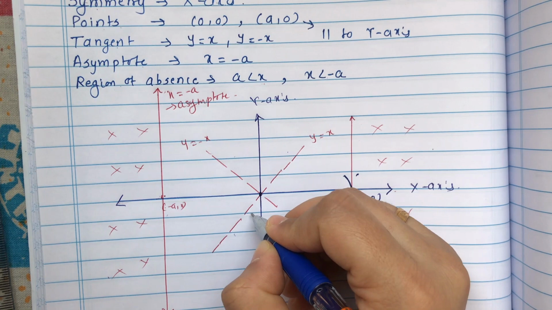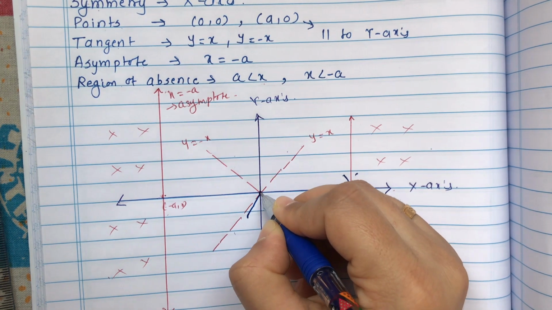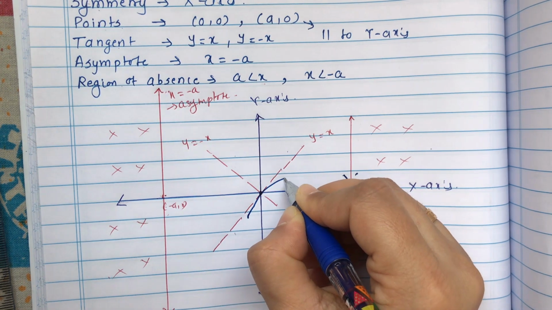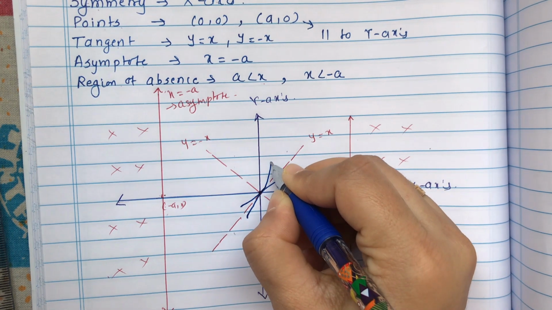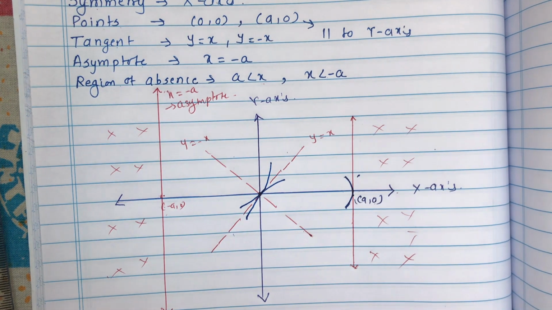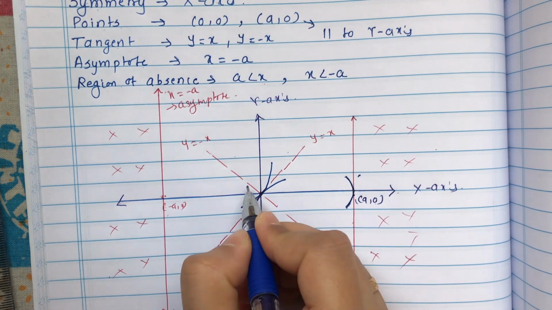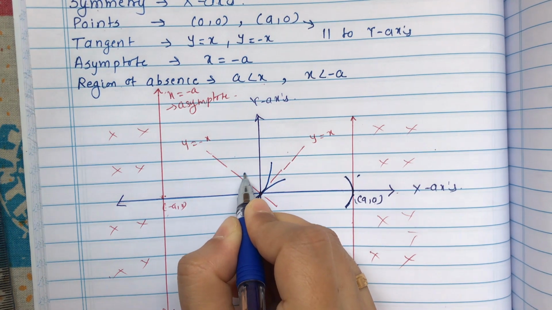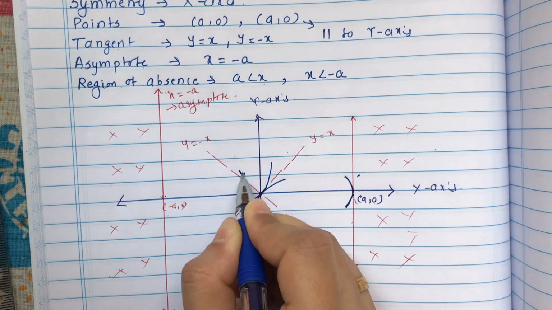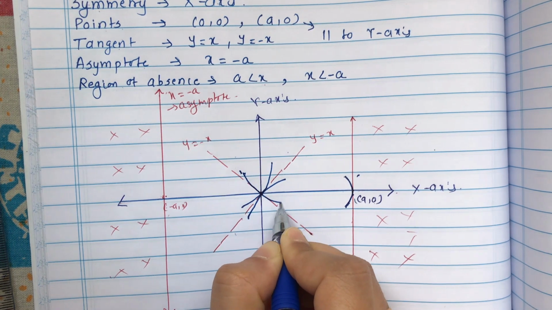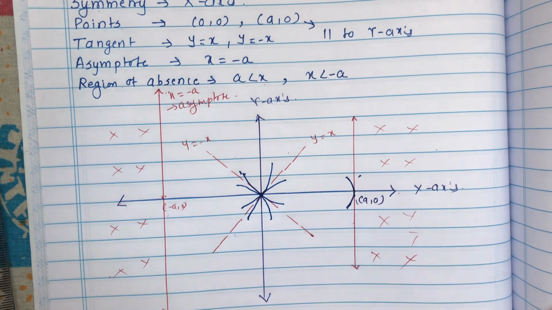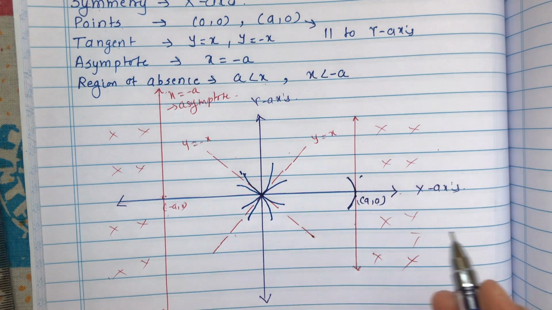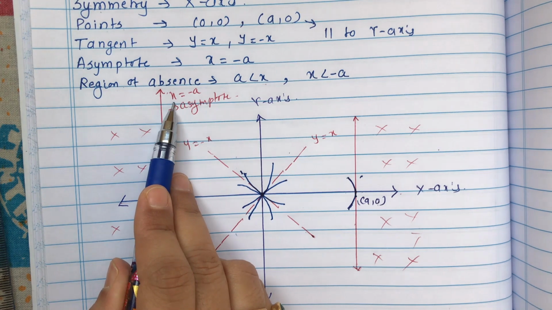So the first possibility will be like this, and another will be like this. Similarly, for y is equal to minus x, again which possibility can we take? This will be first and this will be second.